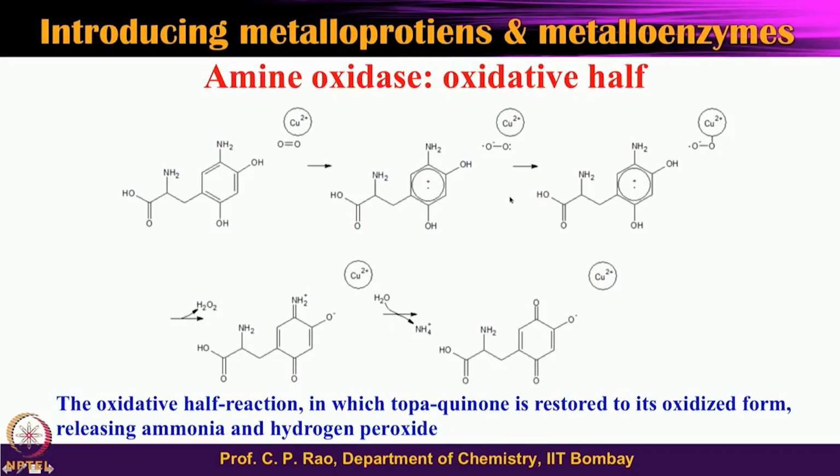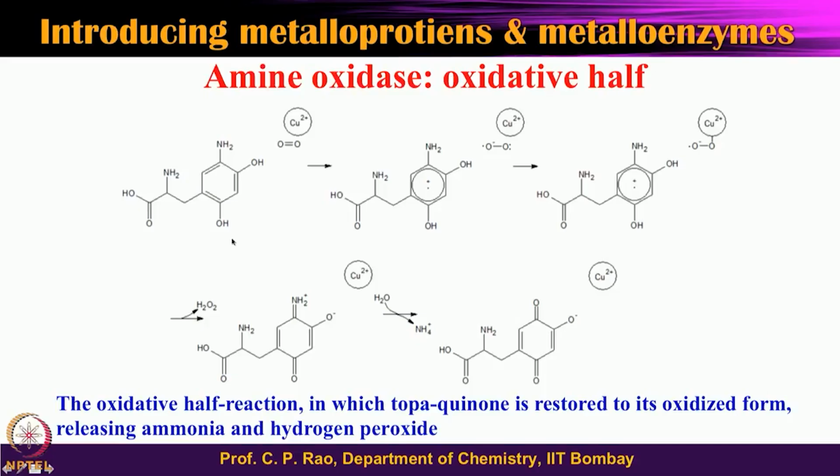That will release the H2O2, because you already made the O2 minus, and with protonation it will go to H2O2. The enzyme still has one more stage, and at this stage you have to get the ammonia out. To get the ammonia out you need protonation, and that is by the water, and that will give the ammonium out.